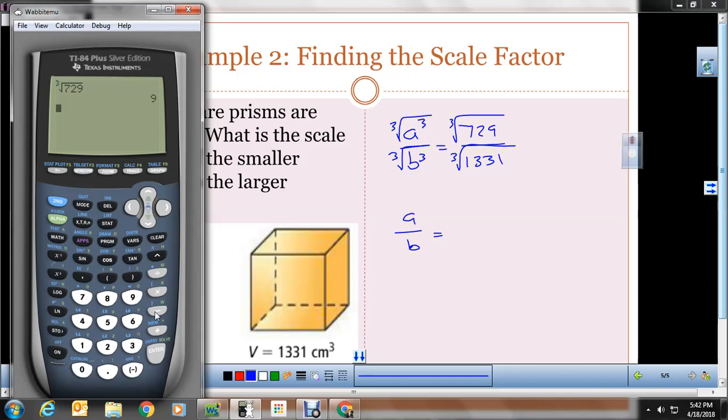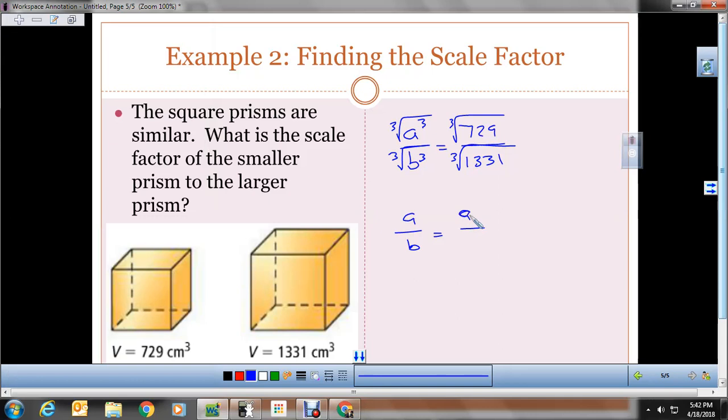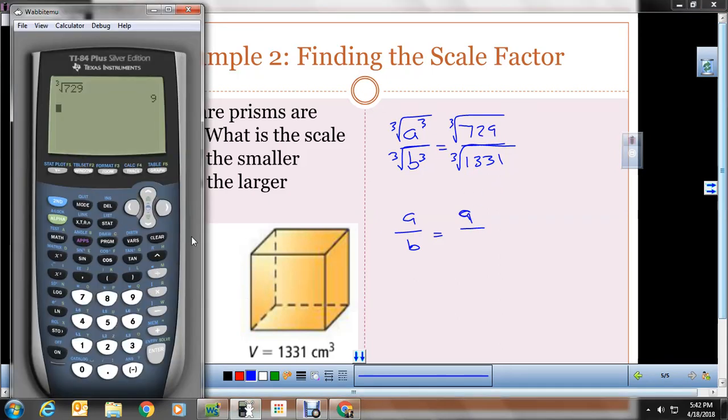So the cube root here is going to be 9. So we get a 9 here. And now we're going to do the 1331, so the cube root of 1,331.